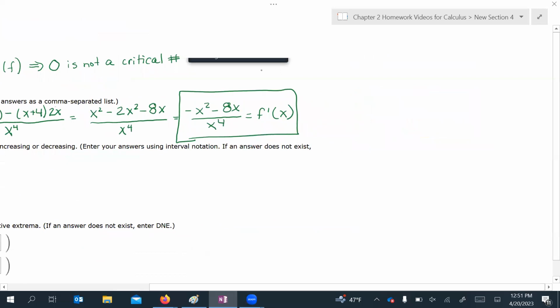From here, our derivative is negative x squared minus 8x over x to the 4th, and we want to know where it is undefined or equal to 0. Well, the only place where it's undefined is where the denominator equals 0, and that happens at x equals 0. f prime is not defined when x equals 0, which a lot of times would mean that if the derivative doesn't exist at 0, then 0 is a critical number.